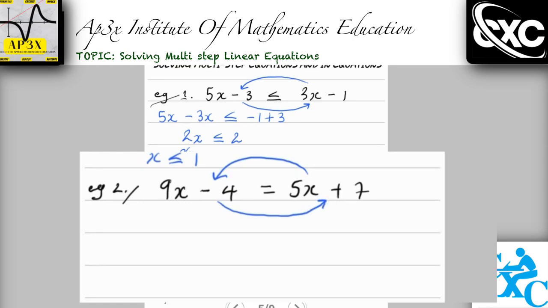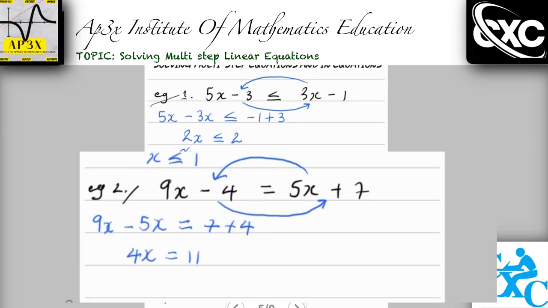So we end up with 9x, positive 5x comes over and becomes minus 5x, and that's equal to 7, and negative 4 goes over and becomes positive 4. So 9x take away 5x is 4x, and that's equal to 7 plus 4, which is 11.